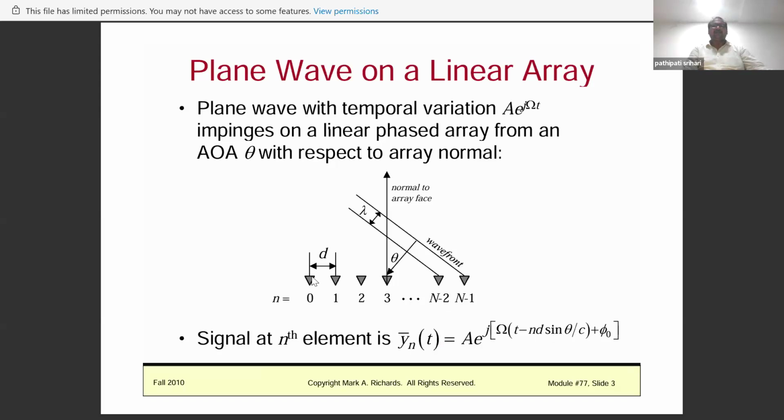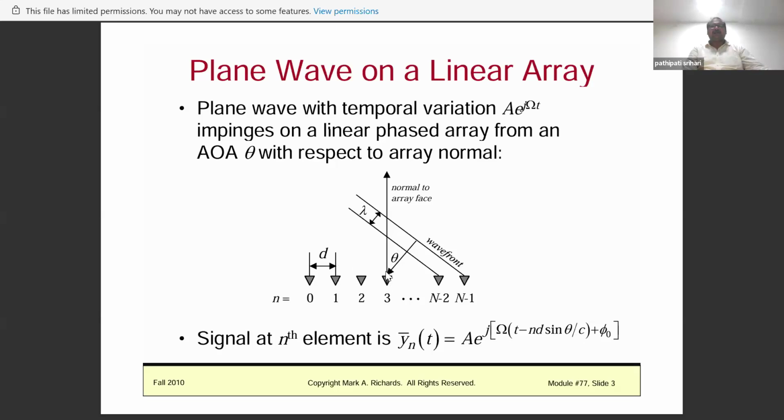d is the separation between these two antennas, and if the wave is coming at some angle, if that angle is 90 degrees, then there is no problem. It is nd only. So sine 90 is 1, and then you will not have any issue.